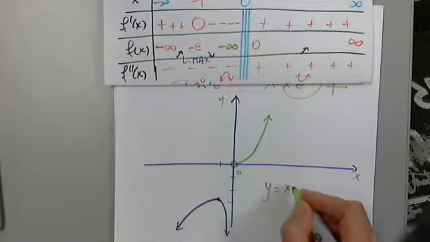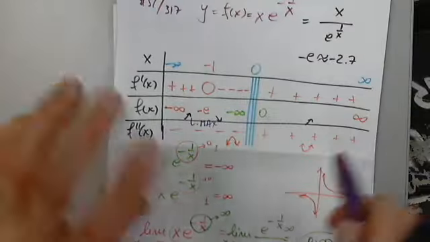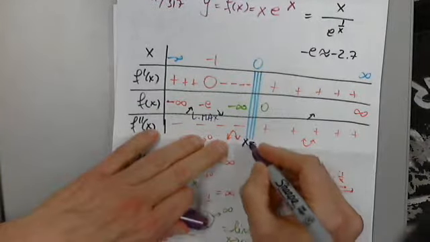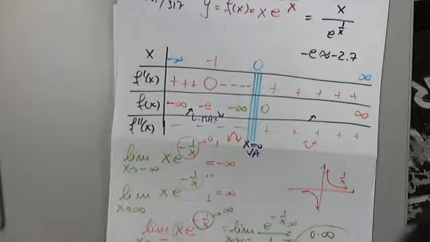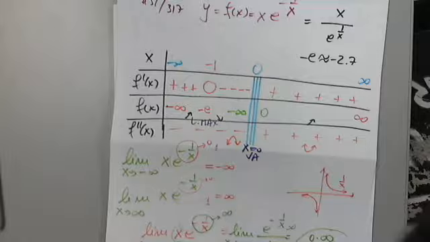So y equals x e to the negative 1 over x. I should write x equals 0 is a VA. If at least one of the two sides is infinity, that must be a VA, a vertical asymptote.